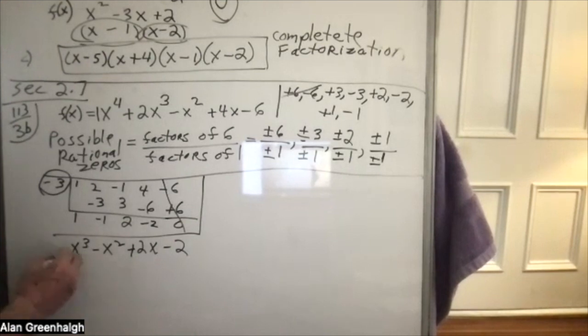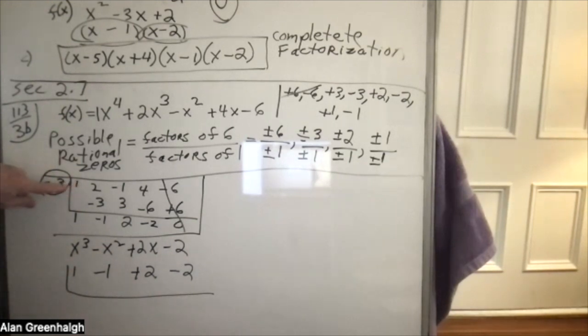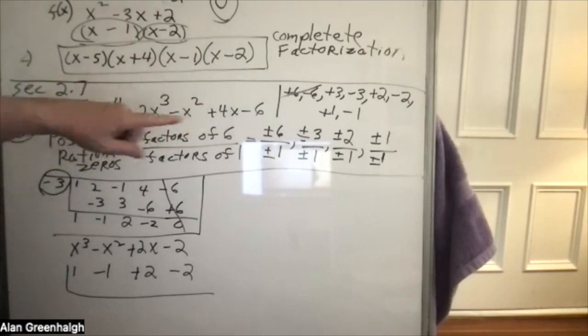This will give us 1, -1, +2, -2. We don't have to go back to the beginning to get the other ones; we just pick one of the other ones.